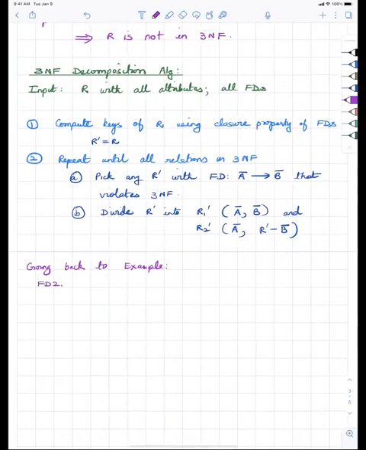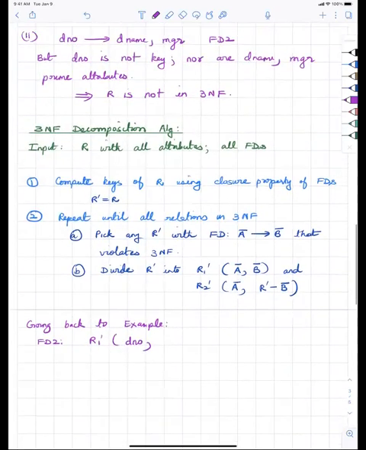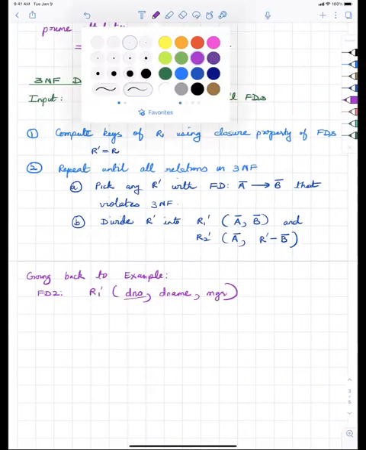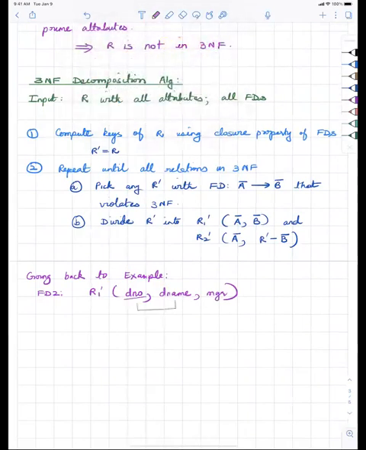So you have the first table R1 dash, which is D number, D name and manager. Okay, so that's the first table. For this table, D number is the key actually. We know that D number goes to D name and D manager.